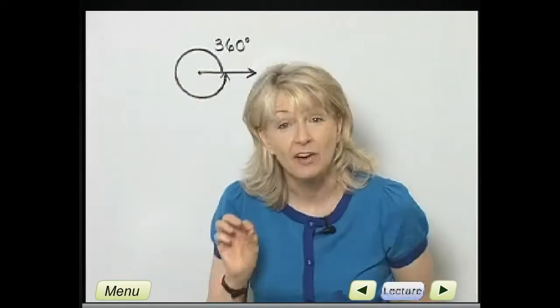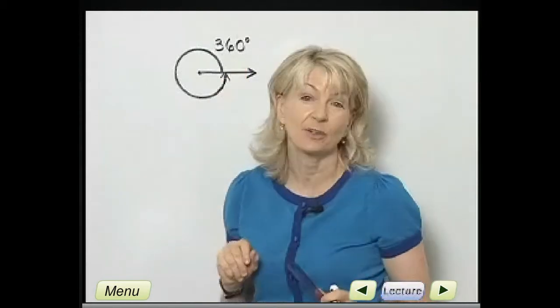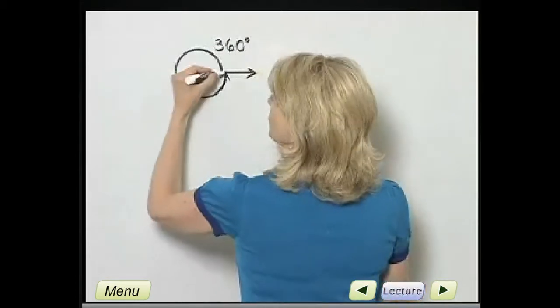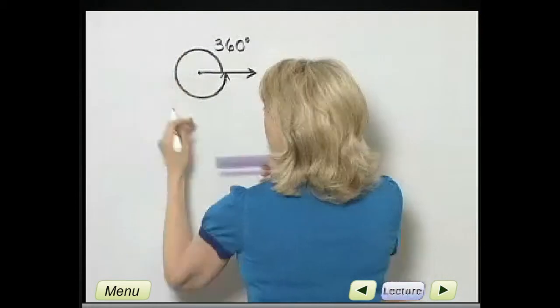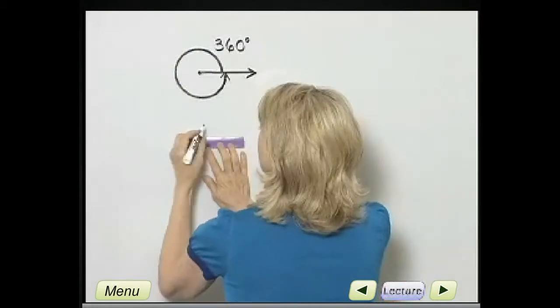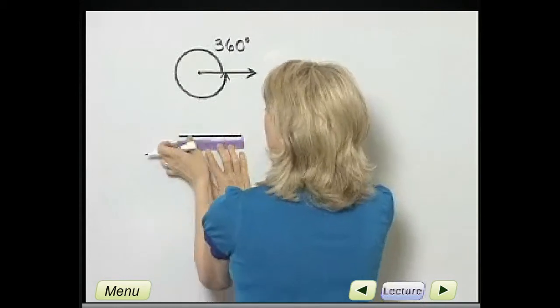A half of a revolution, which would be 1/2 of 360 degrees, and 1/2 of 360 degrees is 180 degrees. And if you can imagine a half of a revolution, I would have what we call a straight angle.